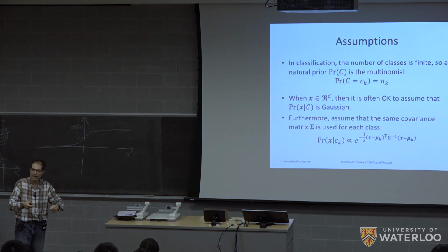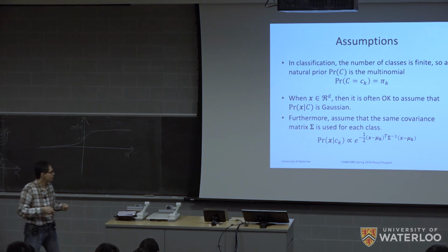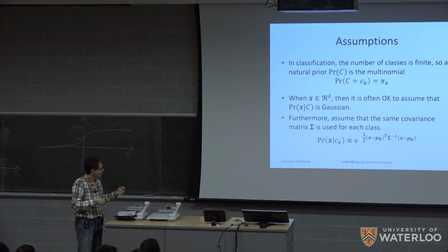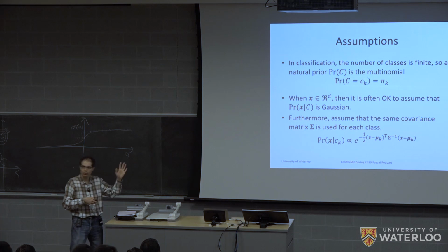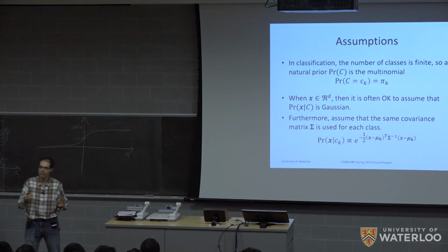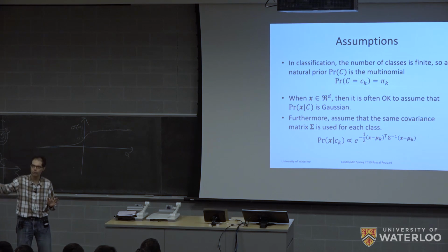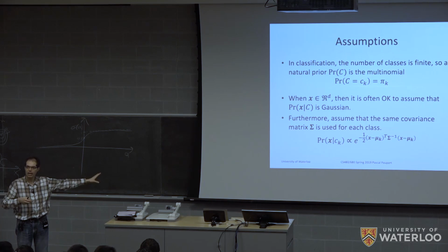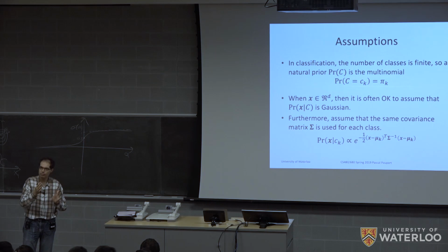So given a class, there's a Gaussian distribution, and the difference between the two is that the red class would have a mean mu that is more to the left side, and the blue class would have a mean mu that is more to the right side. So I didn't write down the precise algebraic definition, but it would follow this form.